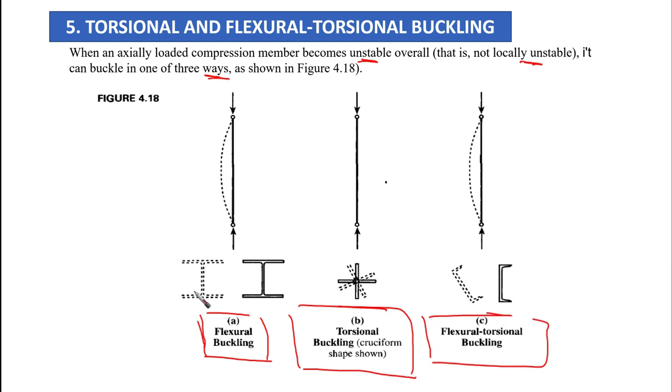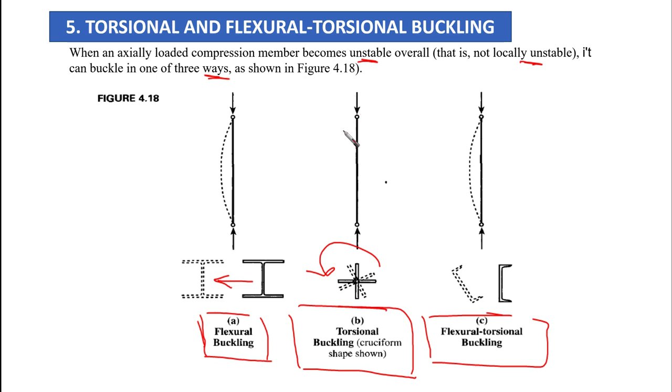Now let's understand what is the difference between these phenomena. First of all, global buckling based on flexural buckling means that the whole cross-section is going to move laterally, as you can see with the dashed shape here. However, in the case of torsional buckling, we are going to find that the shape is going to go in this way. This is torsional buckling.